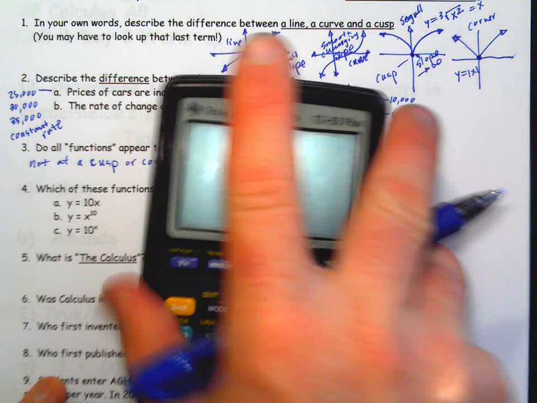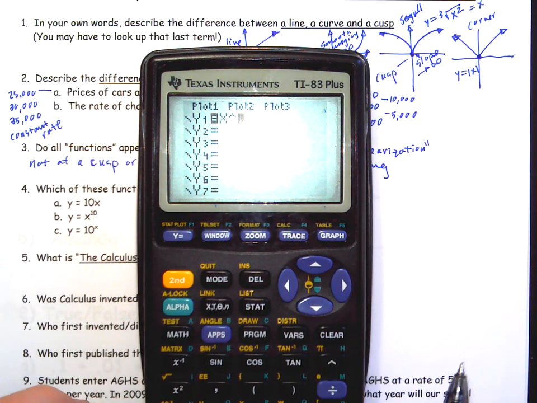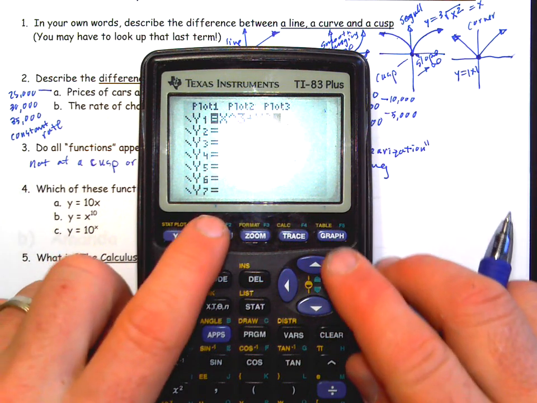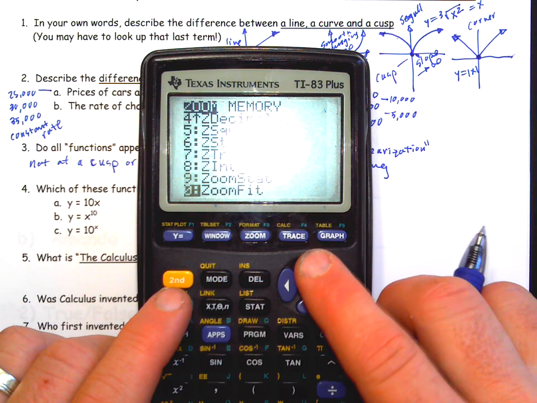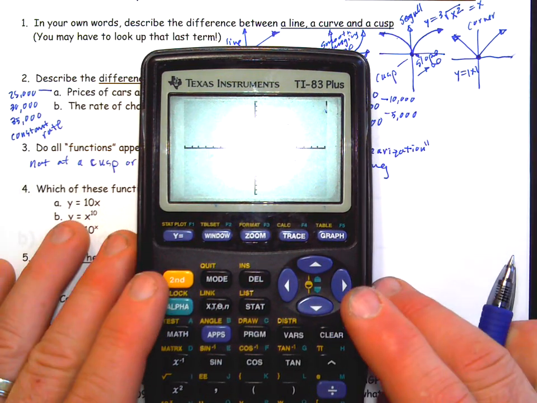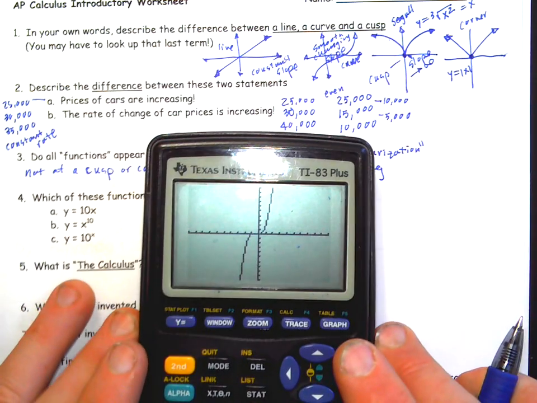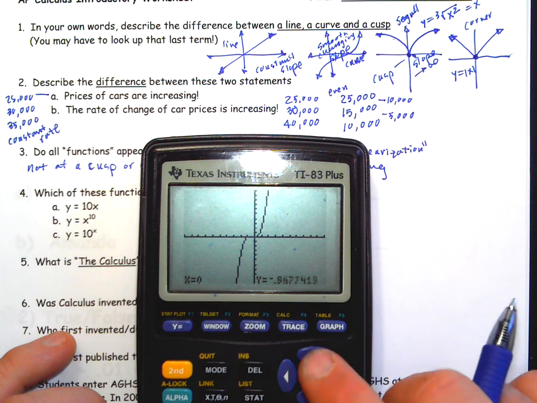But on a graphing calculator, we could do y equals x to the third plus x squared or something. Window, zoom, standard. So here's a cubic. And if I zoom in, zoom box.